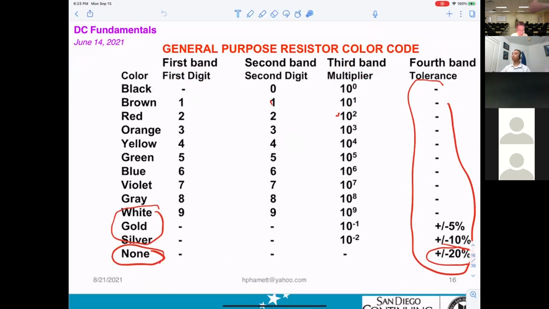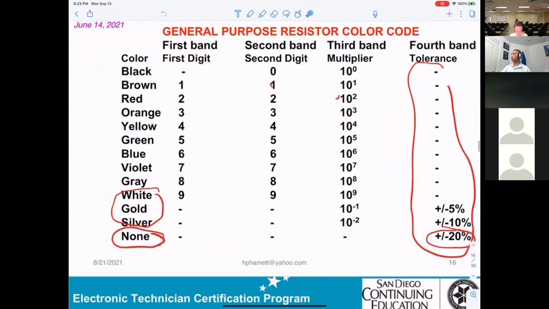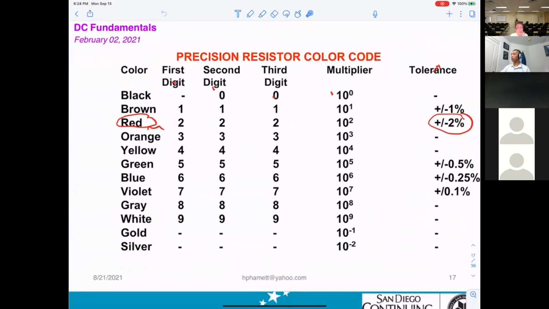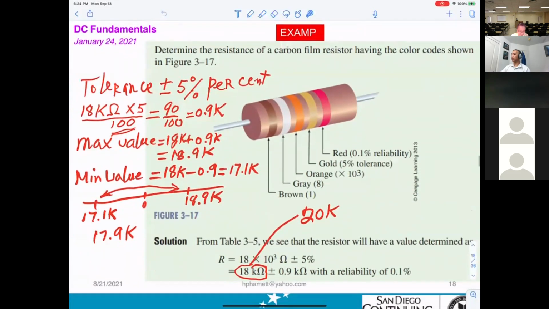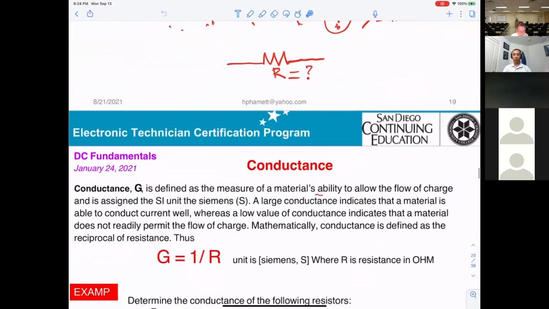Okay, and the last band for general purpose, the tolerance will be plus or minus 10%, 5%, okay, or 20% if they don't have any color. That will apply the same for a precision. We already went through that.